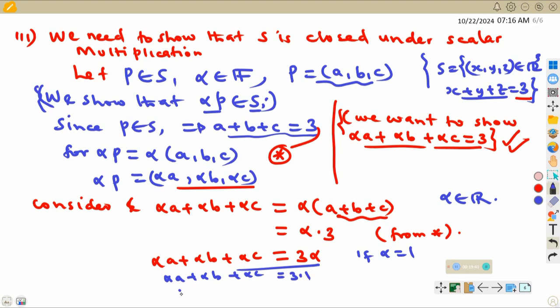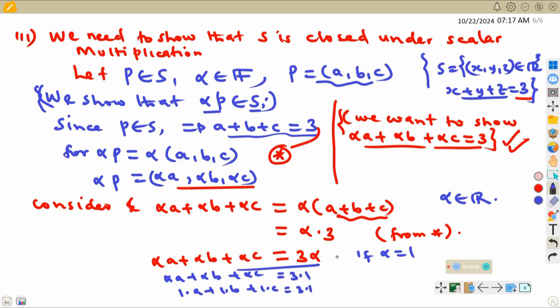In other words, you will have 1 times A plus 1 times B plus 1 times C equal to 3 times 1, which is true and will satisfy the given condition. But look at the case when alpha is not equal to 1.